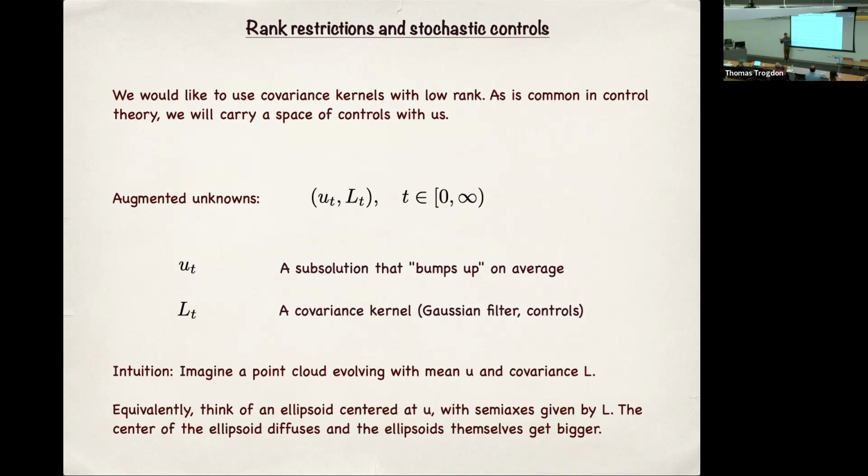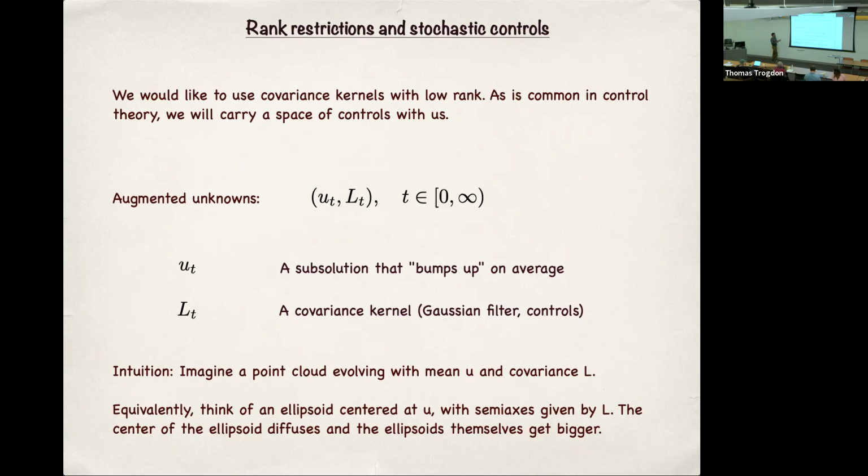Earlier I said you've got this set of possible covariance tensors, but I'm actually going to look at covariance tensors which are absolutely continuous with respect to a covariance kernel that I'm carrying with me. This idea is a critical idea in Nash's work, and it's a very reasonable idea when you come at these problems from control theory.